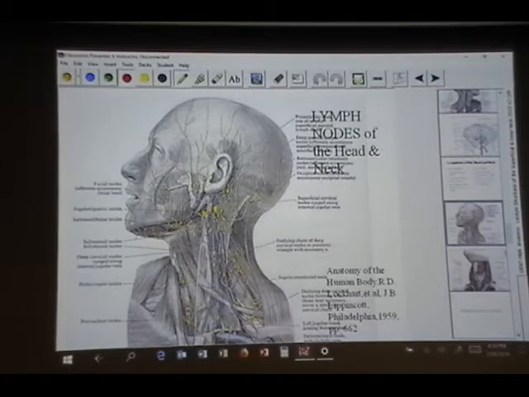What's that vessel called? That all lymphatic drainage comes back to the lymphatic circulation and eventually into the systemic circulation. What's that vessel called? Thoracic duct. Okay.